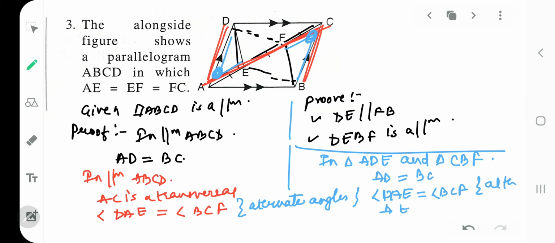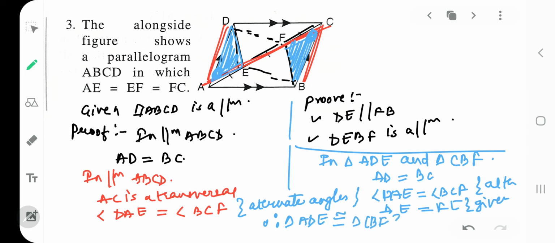And AE is equal to FC, which is given. So hence this triangle which I am marking blue, they are congruent. Therefore triangle ADE is congruent to triangle CBF by SAS test.